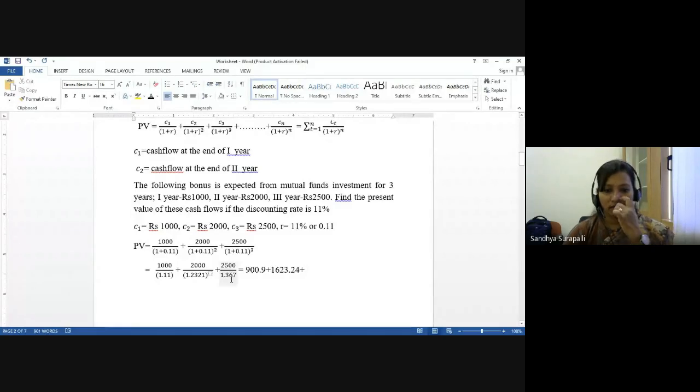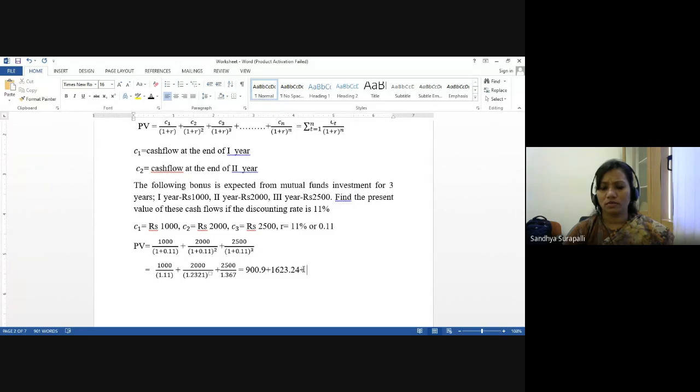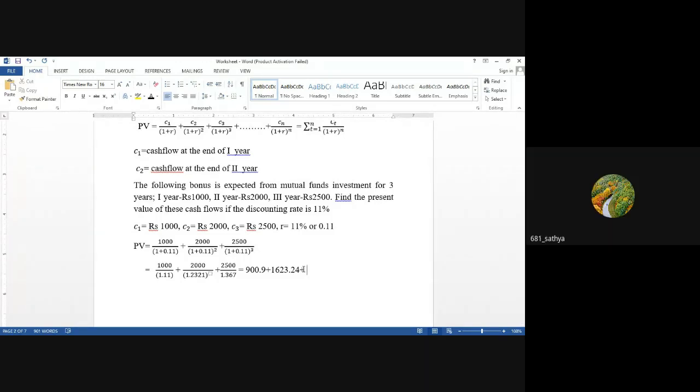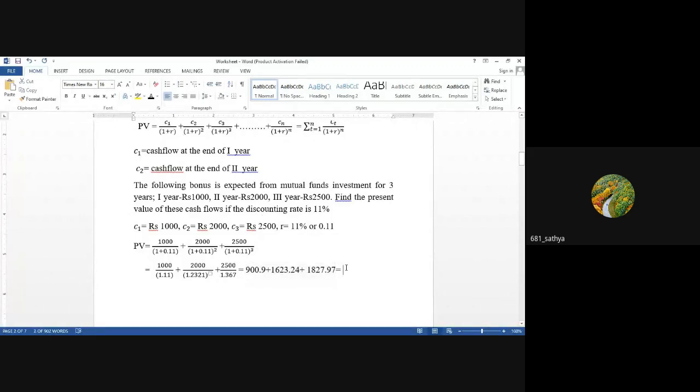Plus 2500 divided by 1.3676, which is 1827.97. Now find out the total of all these three: 4352.11.